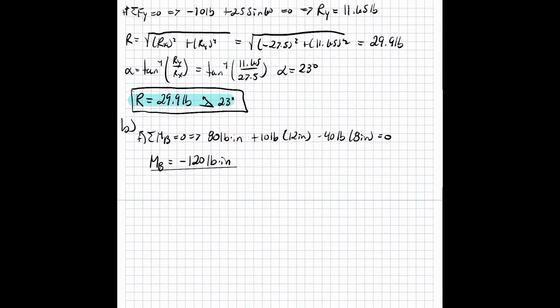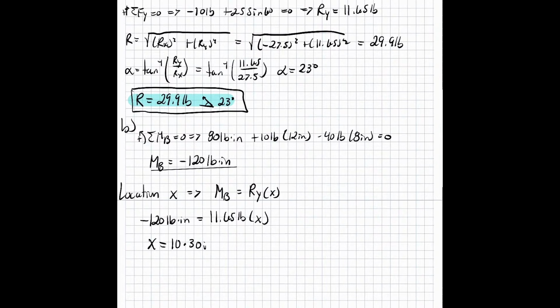So now we can find the location in the X direction. We take our moment about B is equal to our resultant Y times that X direction. So we get negative 120 pound inches is equal to the 11.65 pounds times its X direction in inches. We get an X value, which in this case is going to be negative, of 10.30 inches.